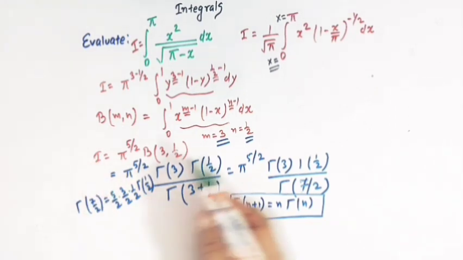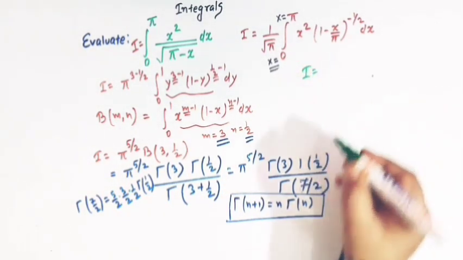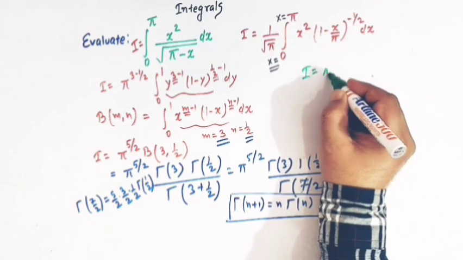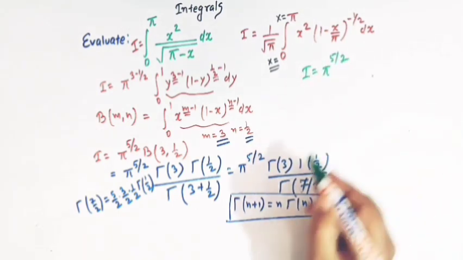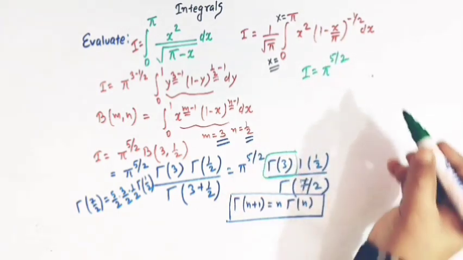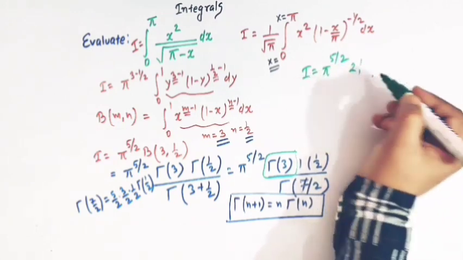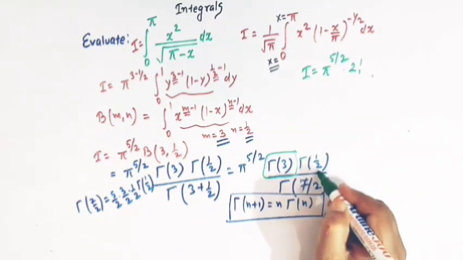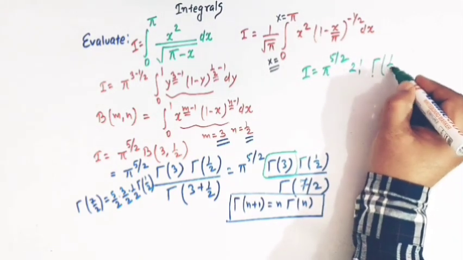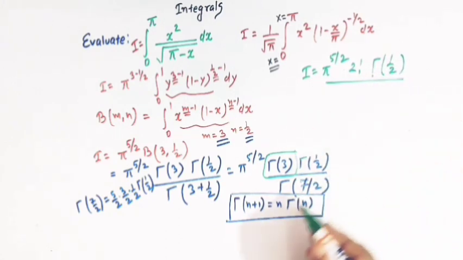So now this integral I can be written as pi raised to 5 by 2, gamma of 3 is equal to 2 factorial, and here we have gamma of half, and in the denominator we have gamma of 7 by 2.